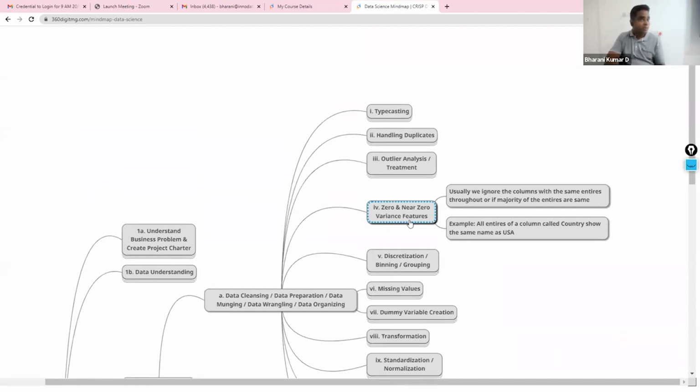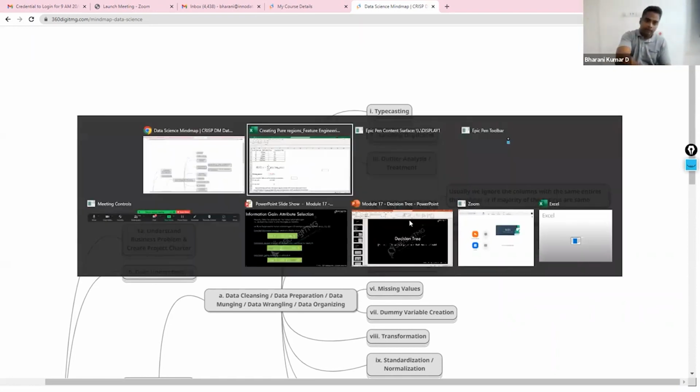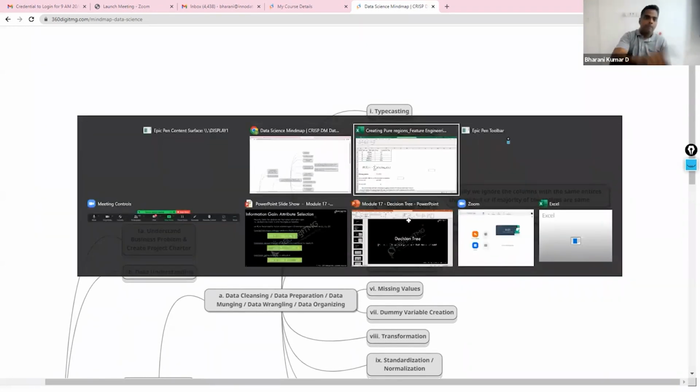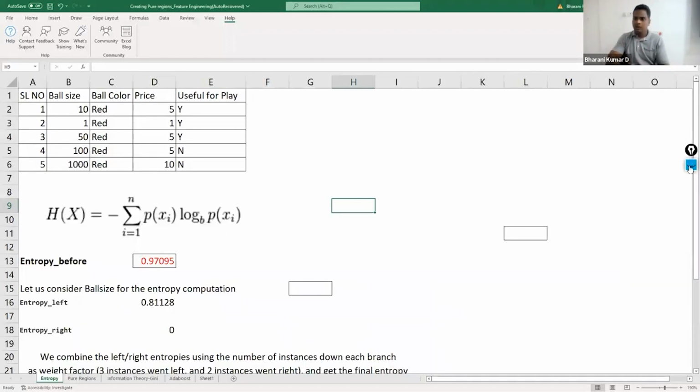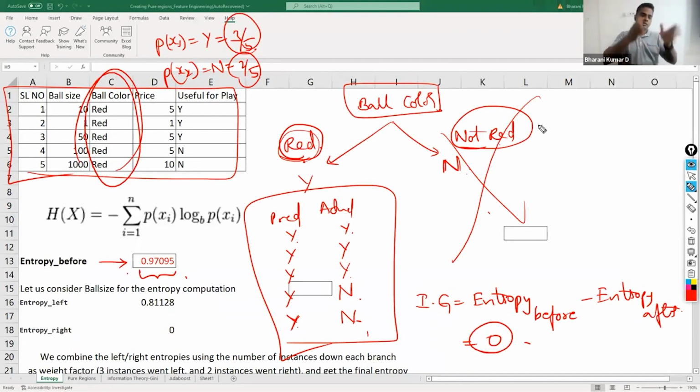What did I say at that point of time? If you have a variable wherein every value is the same, you just remove it. You need not have it in your training. That's it. You need not even do all these things. I have a variable where every ball color is the same, just delete it.